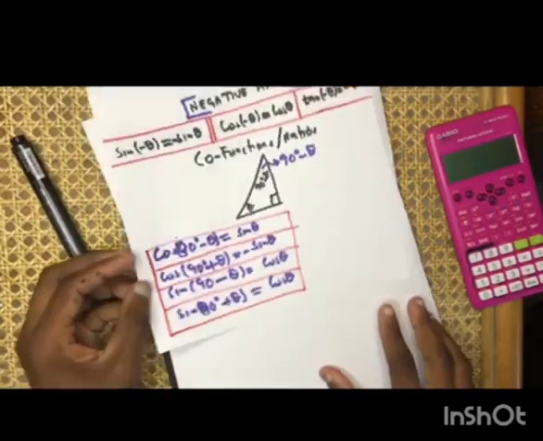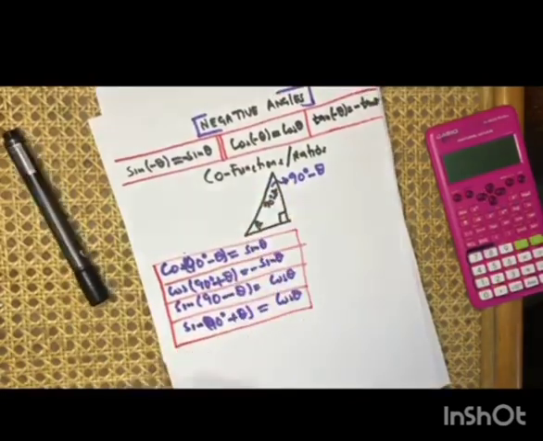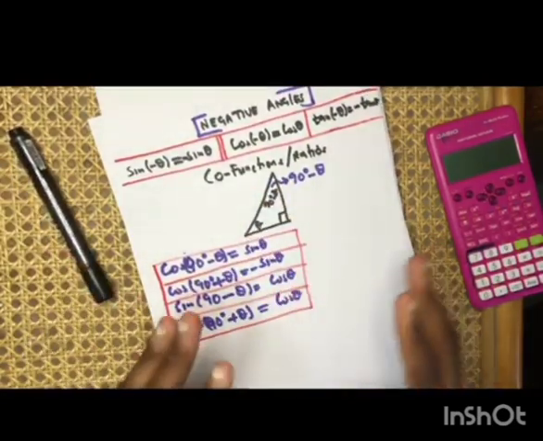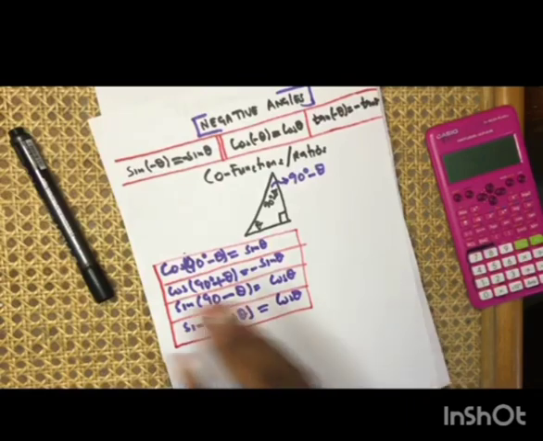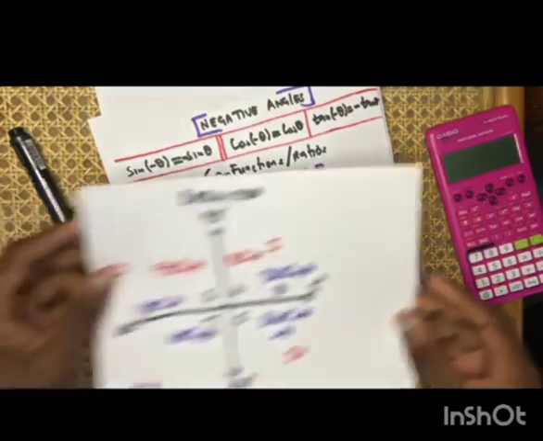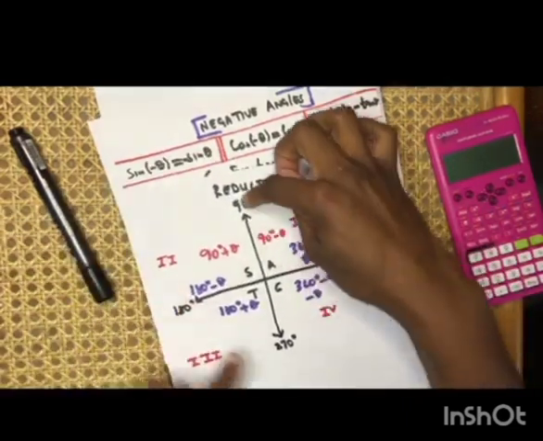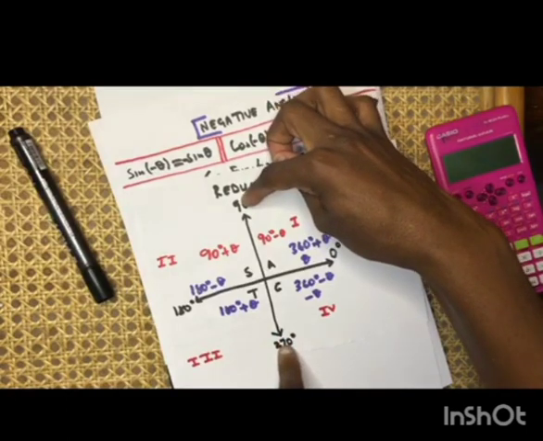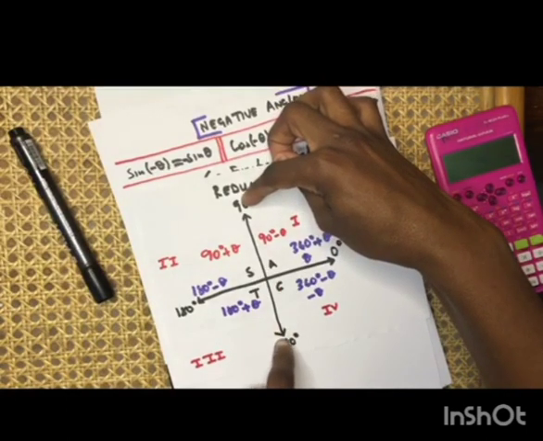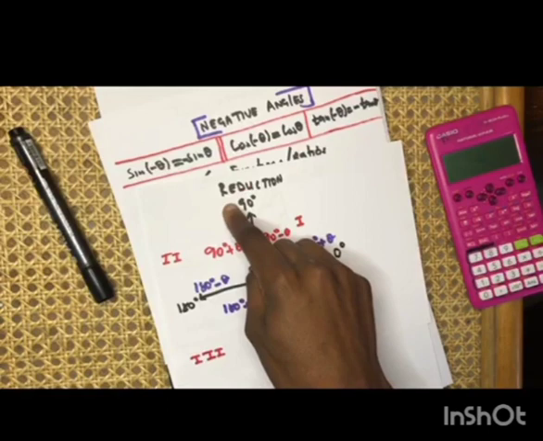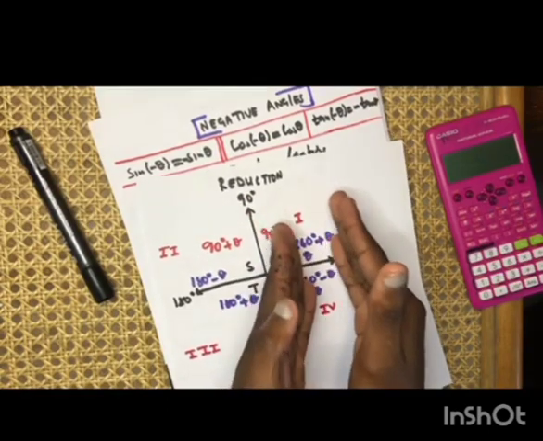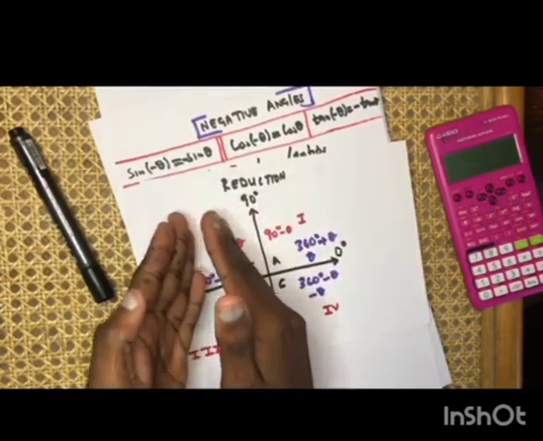And don't forget also, guys, your co-functions or co-ratios. Whenever we see 90 degrees, remember from your reduction diagram, these are your co-functions. But we are not using 270. We are using 90 degrees. Wherever we see co-functions, sine changes to become cos, cos changes to become sine.